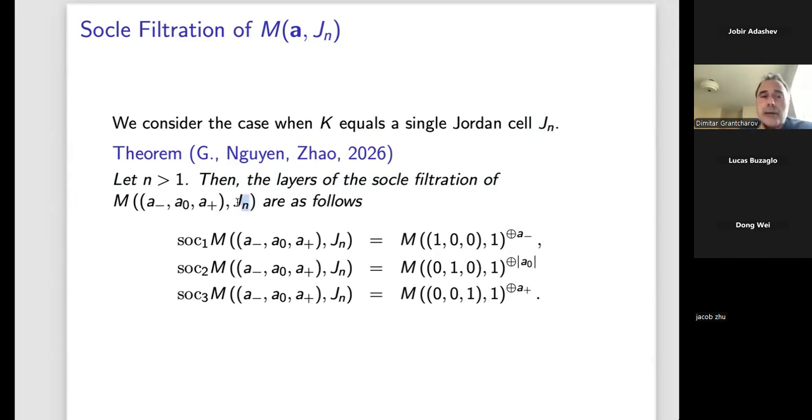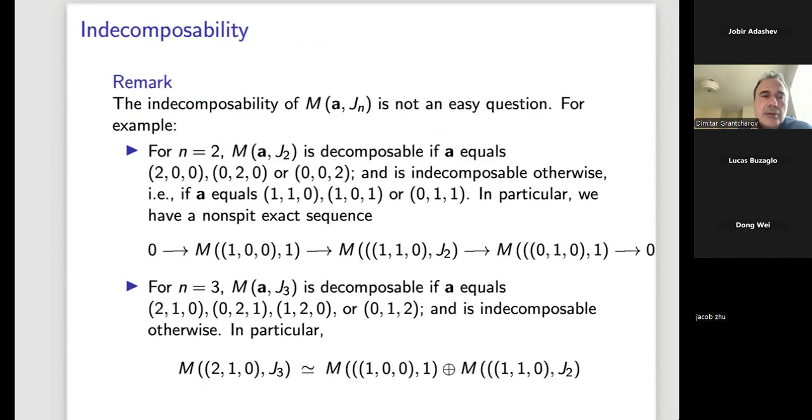So in the first natural non-trivial case, Jordan cell, we have this nice Sokal filtration. So each of the layers is a direct sum of rank 1 modules. And here is the indecomposability situation for two specific cases.